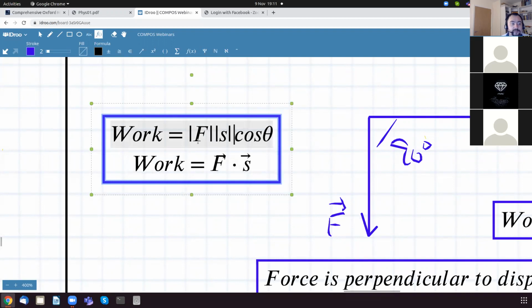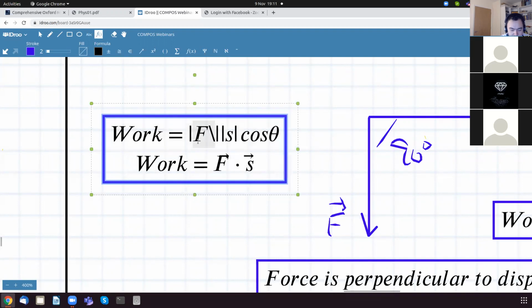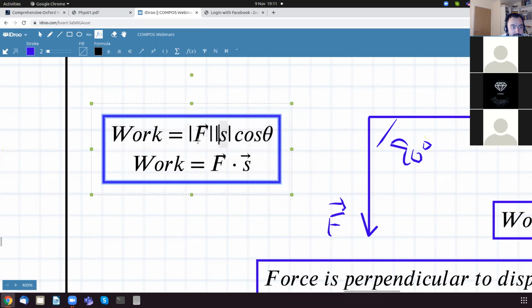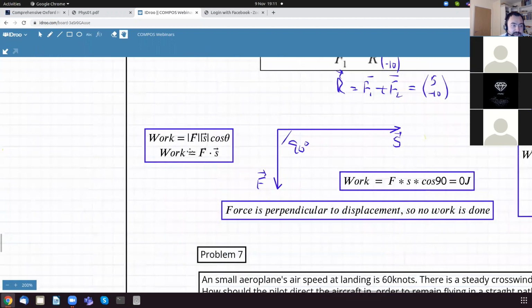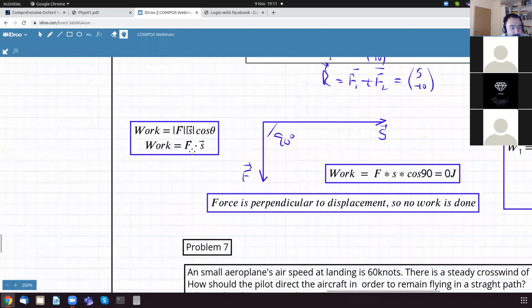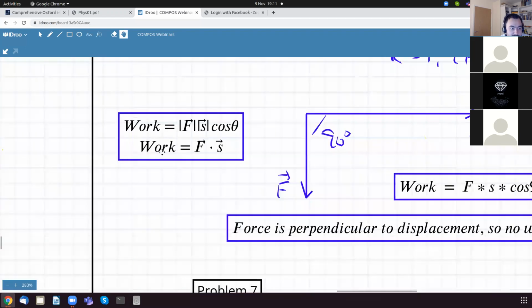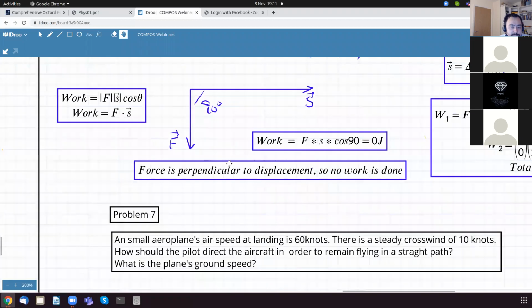This is the definition of work that you're given in school, force times distance times cosine, and the dot product is another definition, which is actually the first definition. This comes from that.